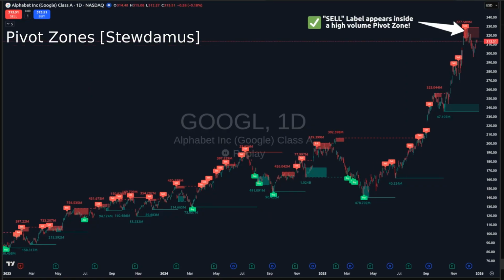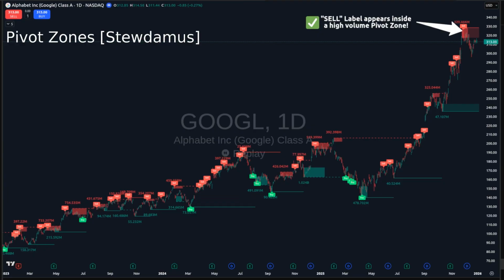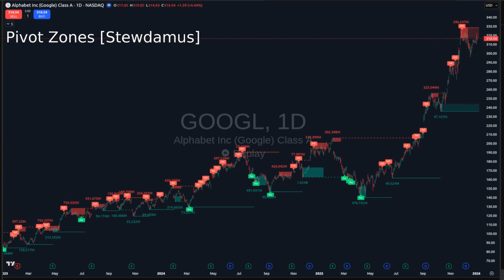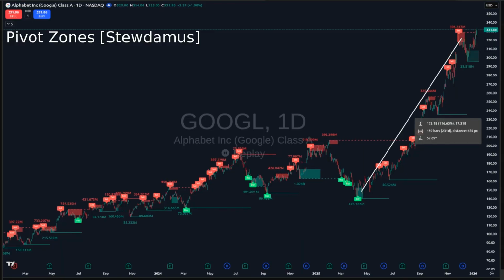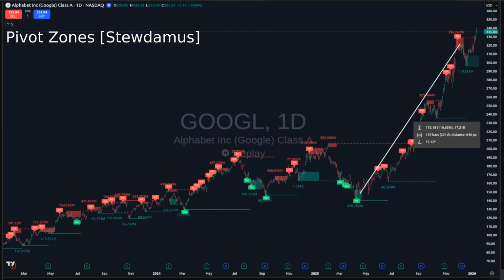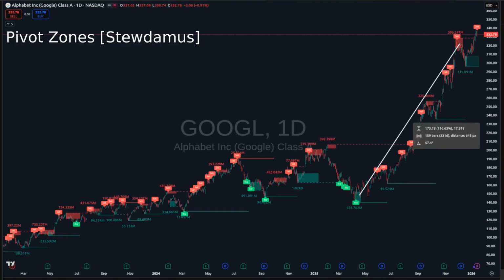That's a legitimate sell signal inside of a pivot zone. And if you would have held anywhere from that buy to that sell, that's 116% profit, somewhere around 116 to 120% profit. All right, so hopefully that helps you understand how I make these trades using my pivot zone indicator.